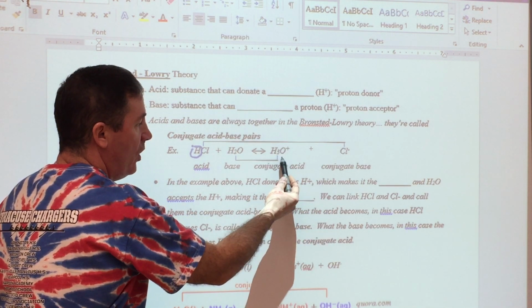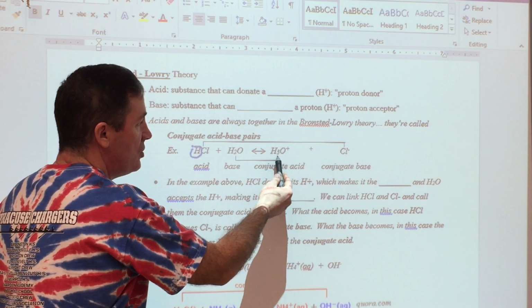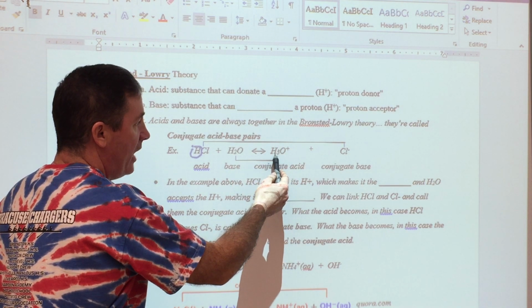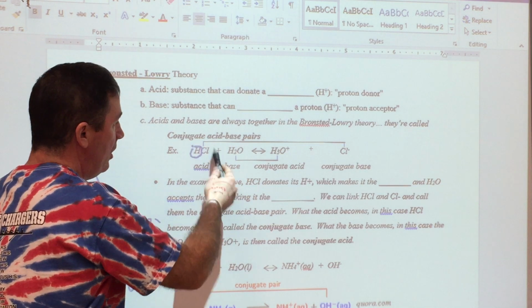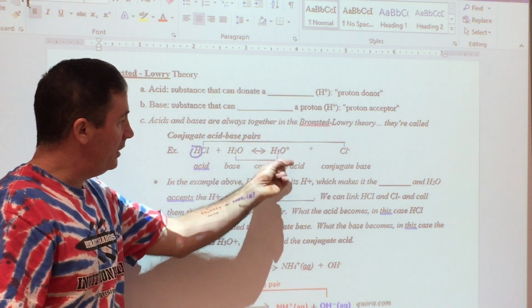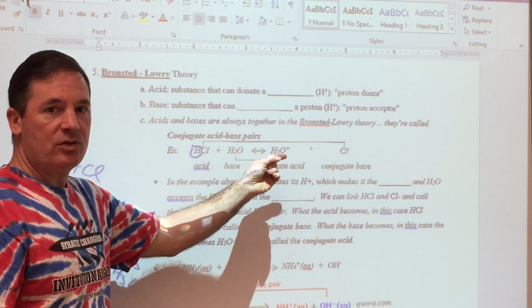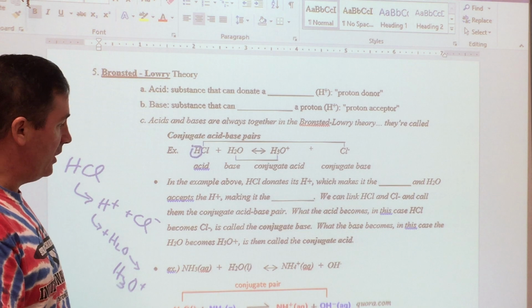The H3O+ becomes water by losing this hydrogen ion. And where does that hydrogen ion go? It combines with the chloride ion, and then the chloride ion becomes the hydrochloric acid. So that's why we call it an acid and base in one direction, conjugate acid and conjugate base in the other direction.